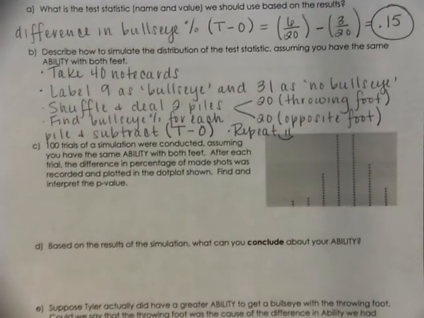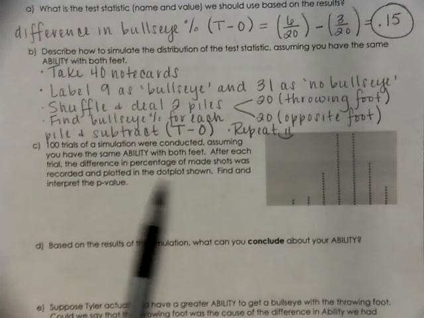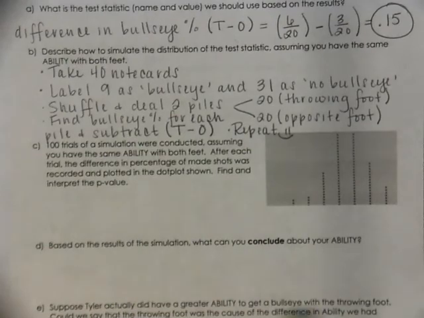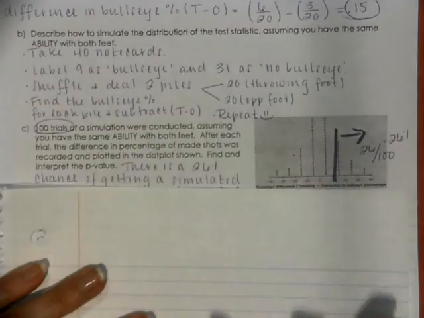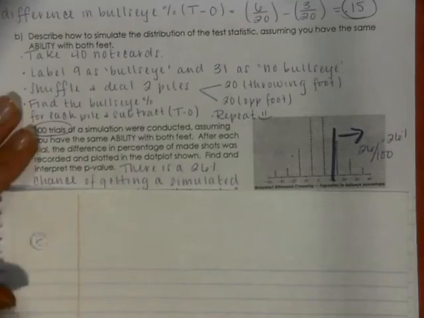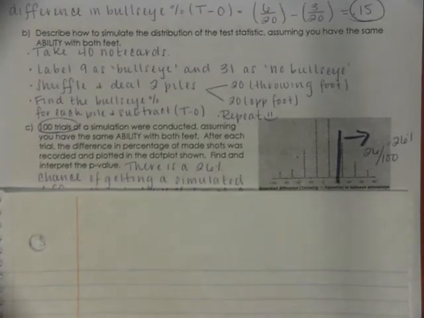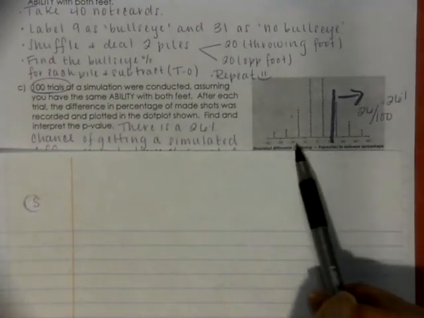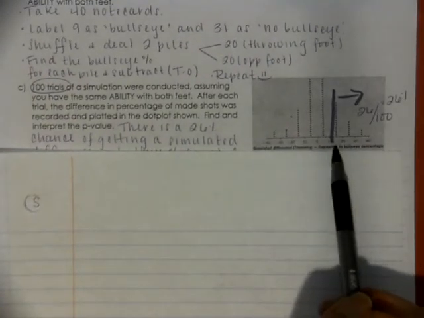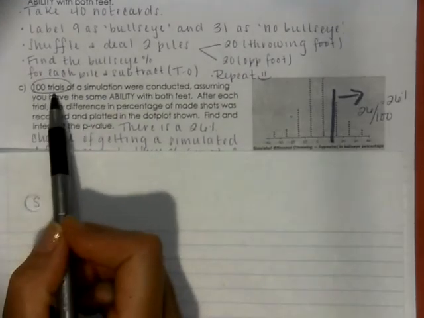So let's say that we actually did this simulation in our applet. Sorry guys, on the printed copy my graph kind of got cut off, so I'm going to put my answer key up here. So here's the dot plot that shows 100 trials. Okay, so circle 100.